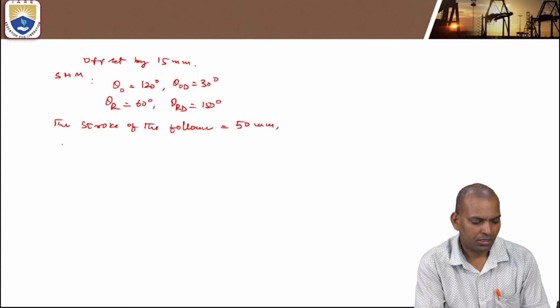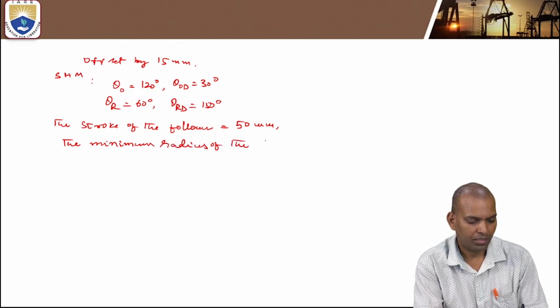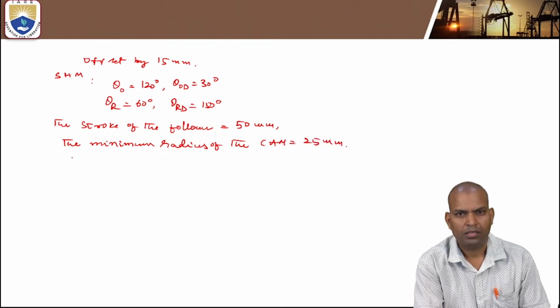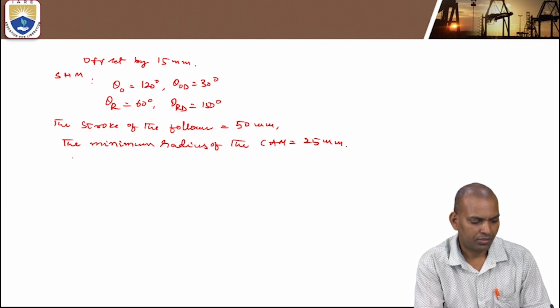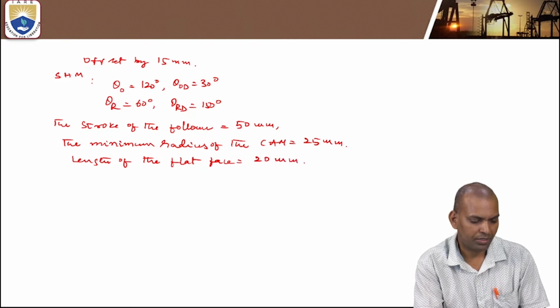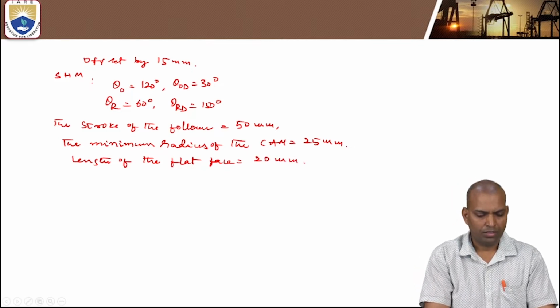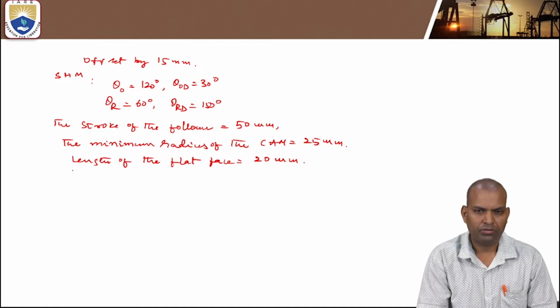And another condition is that the minimum radius of the cam is 25 millimeter. The length of the face of the follower, that is the flat face, is 20 millimeter. So these are the conditions we have to draw.